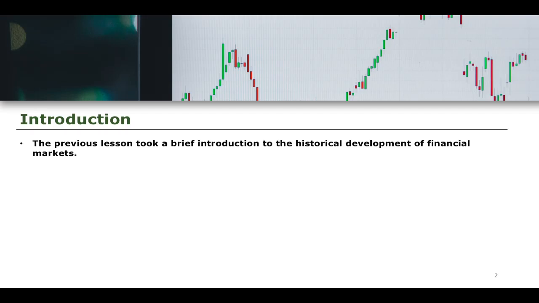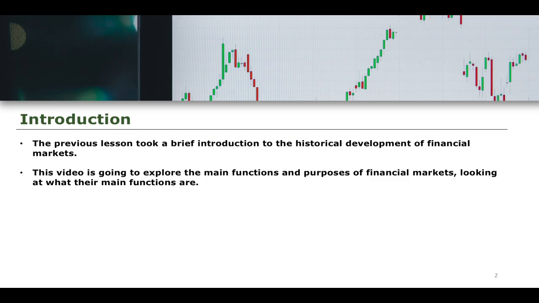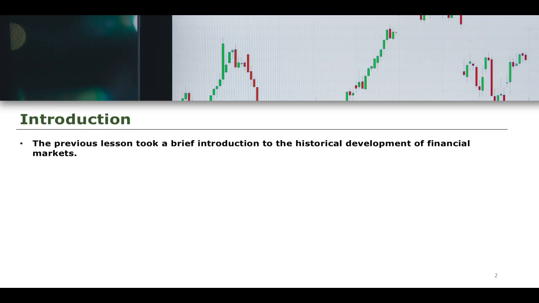So essentially, what we did in the previous lesson was spend some time talking about the historical development of financial markets. We focused on things including the earliest examples of what would arguably be described as a financial market in terms of the trading of seeds during the agricultural revolution.